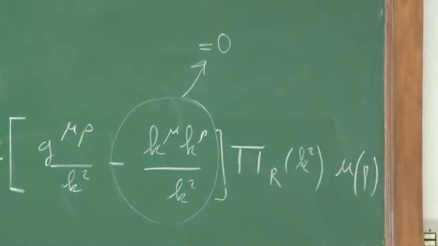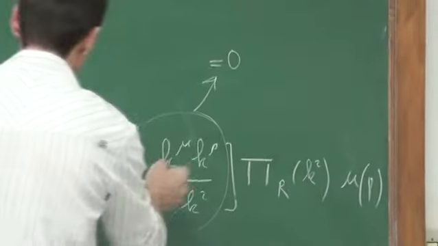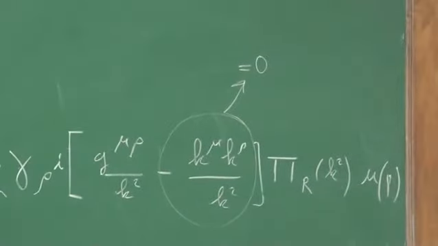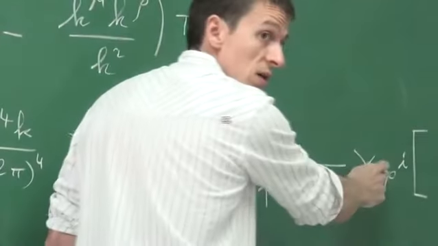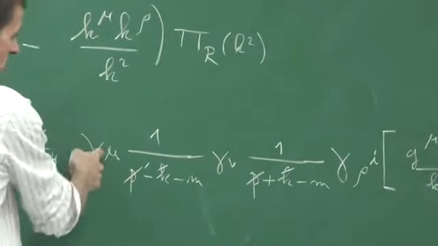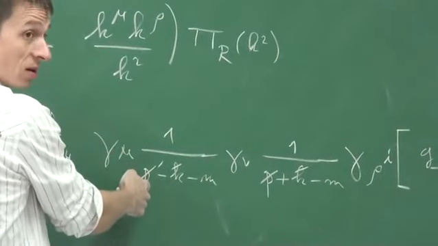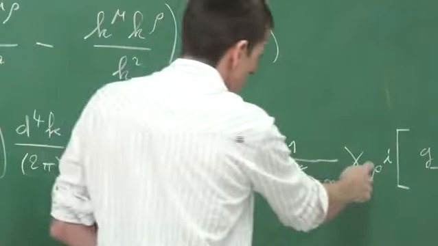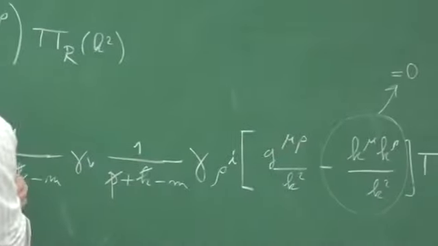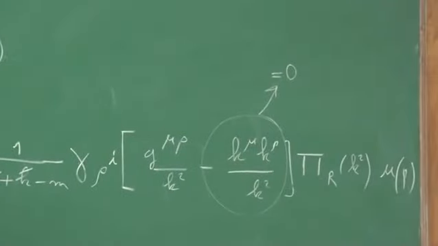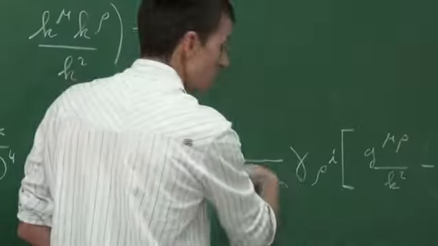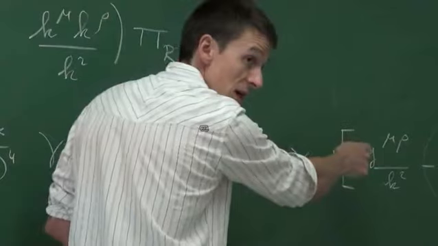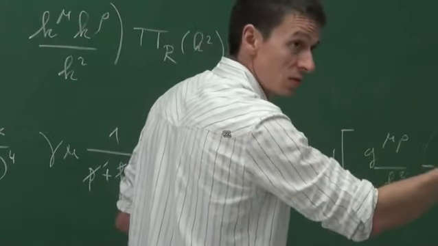Because when you contract k with the gamma, here you have k slash here, k slash here. Now k slash, you can write it as k slash minus p prime slash plus m. And here also, this is p prime plus. And here also, we write it as p slash plus k slash minus m minus p slash plus m.